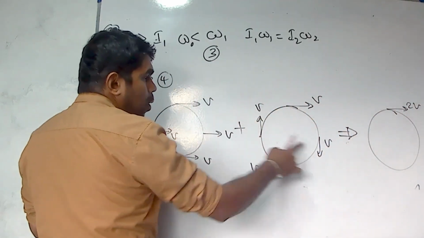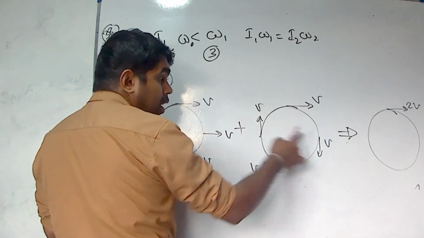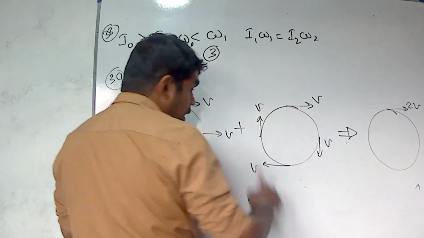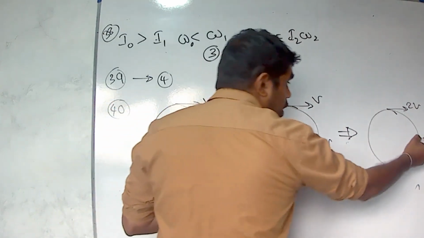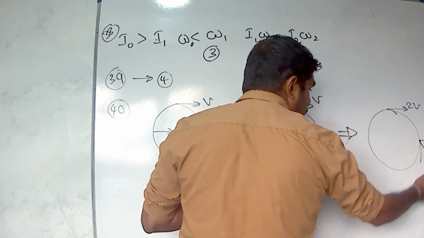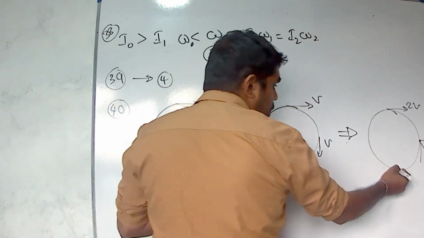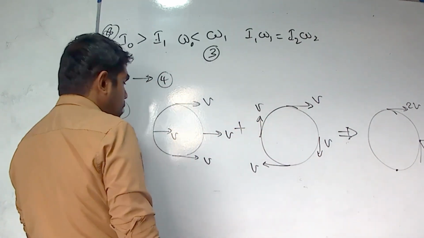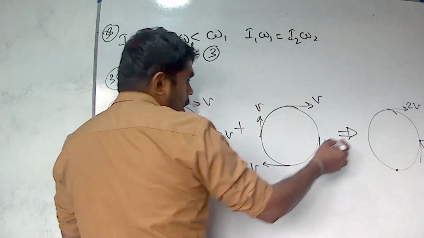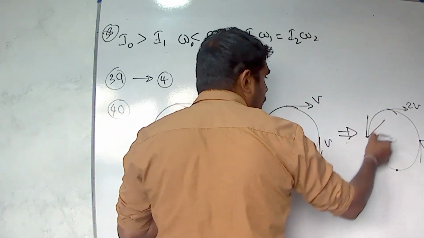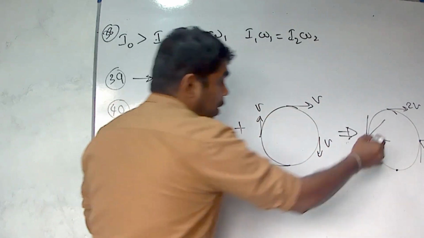We have to get the resultant for these two velocities. It should be in a direction like this. When considering these two points, the velocity should be 0 at this point. Then again we have to get the resultant at this point.